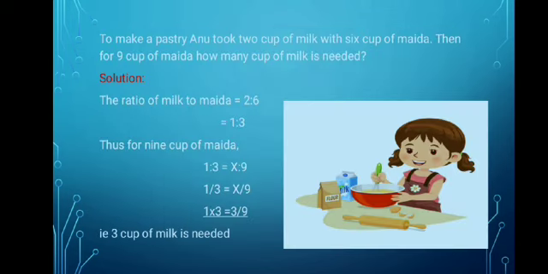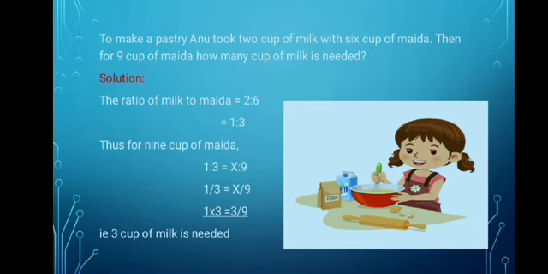To make a pastry, Anu took 2 cups of milk with 6 cups of maida. Then for 9 cups of maida, how many cups of milk are required? Solution. The ratio of milk to maida is 2 is to 6. By simplifying we get 1 is to 3.